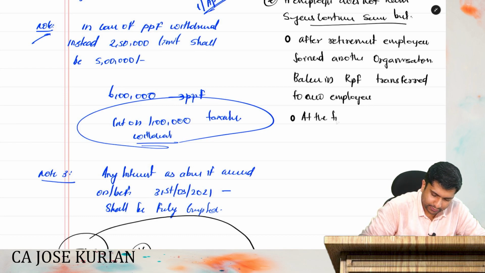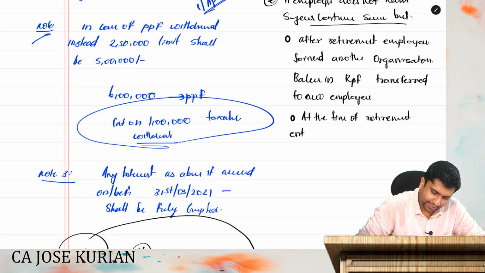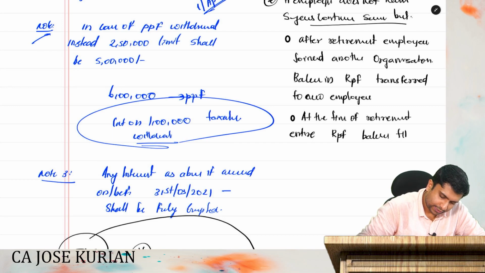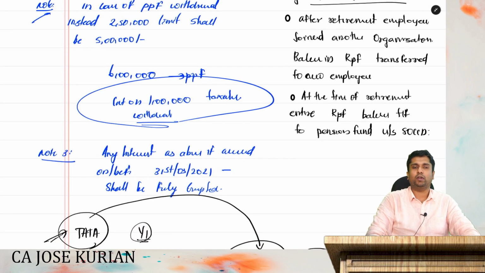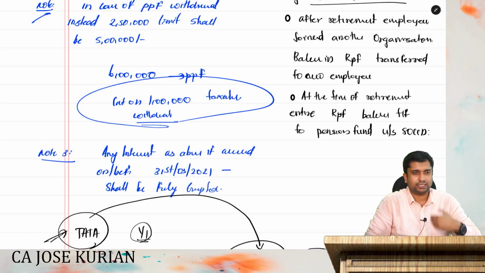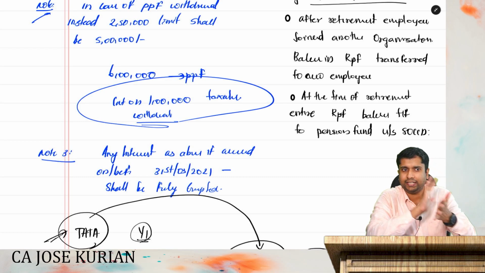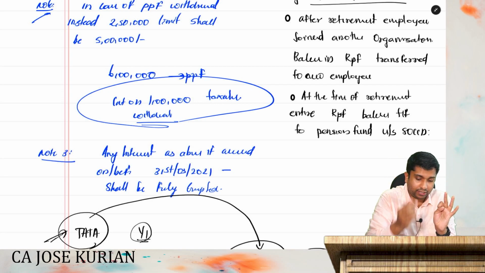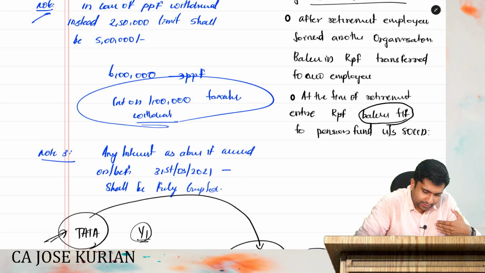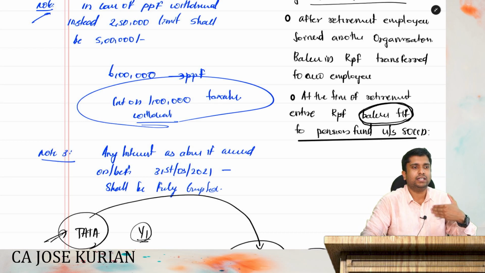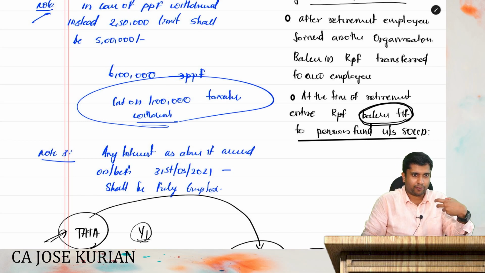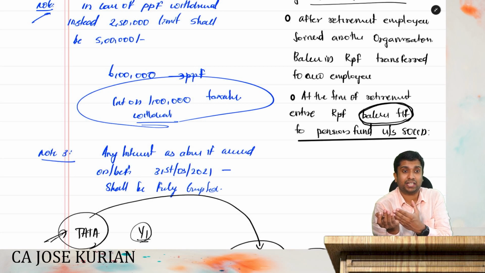At the time of retirement, the entire RPF balance is transferred to a pension fund under section 80CCD. So the employee is retiring in the 3rd year, and instead of realizing the money, he transferred the balance to his pension fund under 80CCD, the National Pension Fund.